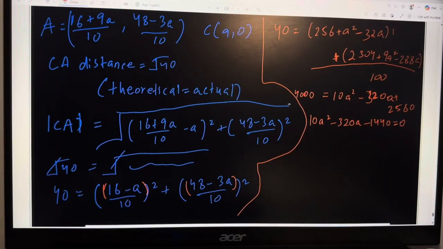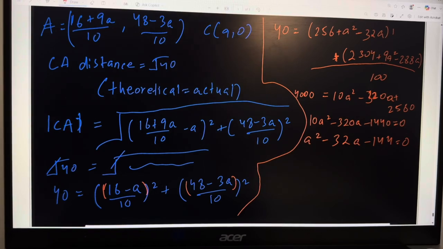Now we have to solve this quadratic equation. So let's divide all of this by 10, so this becomes a squared minus 32a minus 144 is equal to 0. Now we have to see what the factors are. 144 divided by 2 is 72, and so on. The factors would be positive 4 and negative 36.